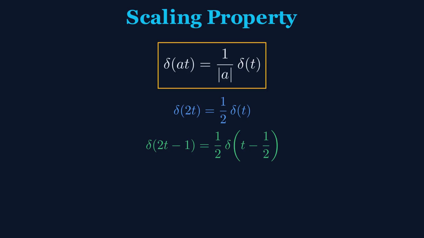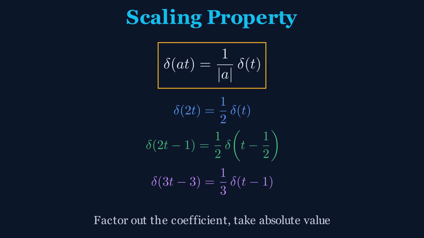For a shifted version, delta of 2t minus 1 equals 1/2 times delta of t minus 1/2. The impulse moves to t equals 1/2 with strength 1/2. Similarly, delta of 3t minus 3 equals 1/3 times delta of t minus 1.